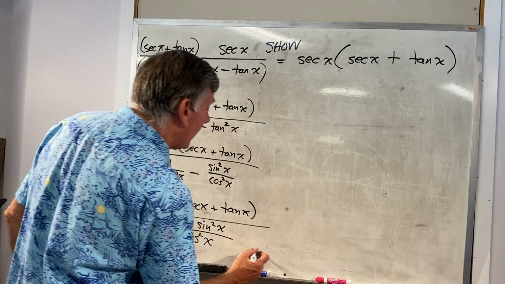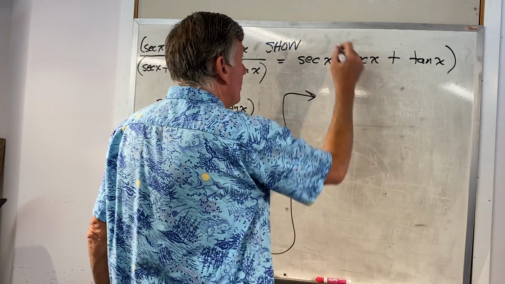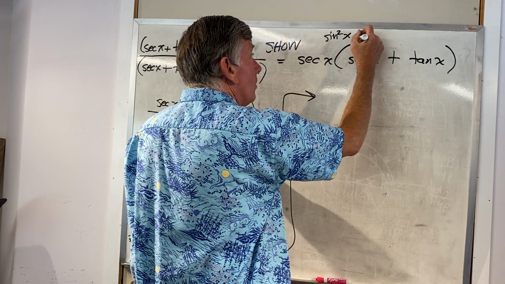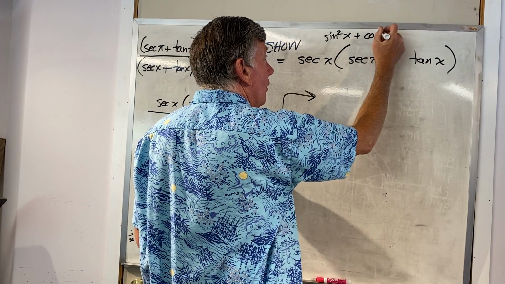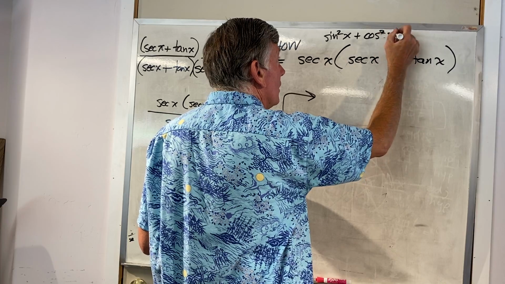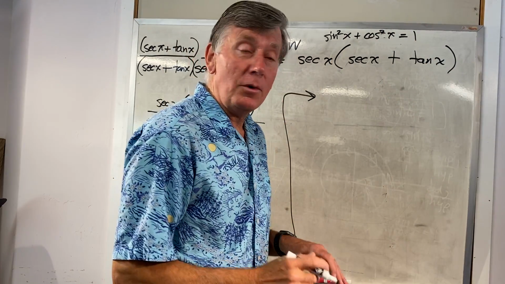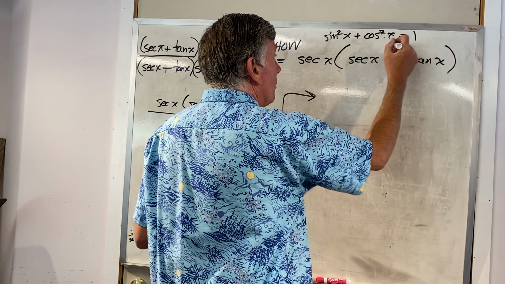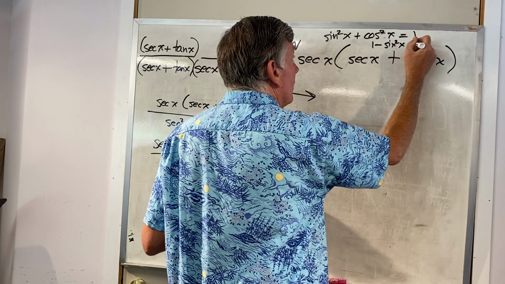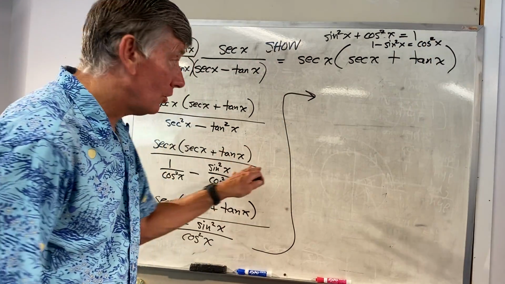But let's just now rewrite that here. Remember that sine squared, this is in your toolbox. You're reaching for it right now. It's already warm from the last time you reached for it because you reached for it so much. Sine squared plus cos squared is equal to 1. So we can rewrite this as 1 minus the sine squared of x is equal to the cosine squared of x. And that's what I'm going to do here.